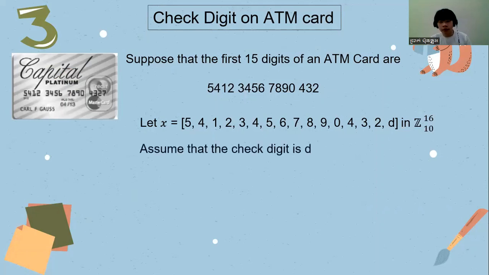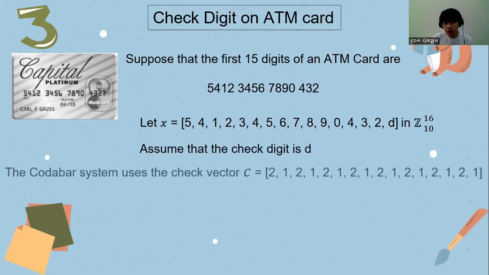Assume that the check digit is D, and the Codabar system uses the check vector C, the matrix that has the sequence 2, 1, 2, 1, 2, 1, 2, 1, and so on.